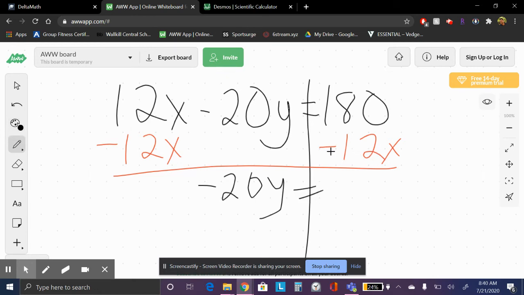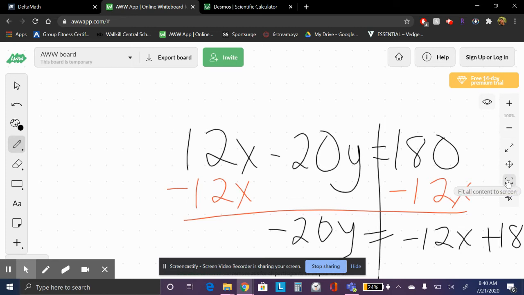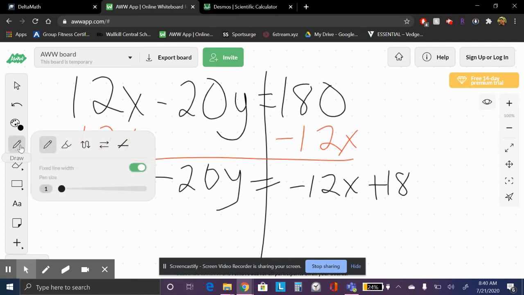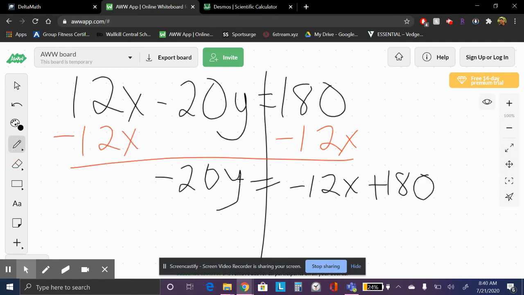Equals, again, I want to write the negative 12x first, plus 180. Now you ask, why can't I do 180 minus 12x? They're not like terms. So since they're not like terms, you can't combine them. Now you've got to get rid of this negative 20, so I have to divide everything by negative 20.